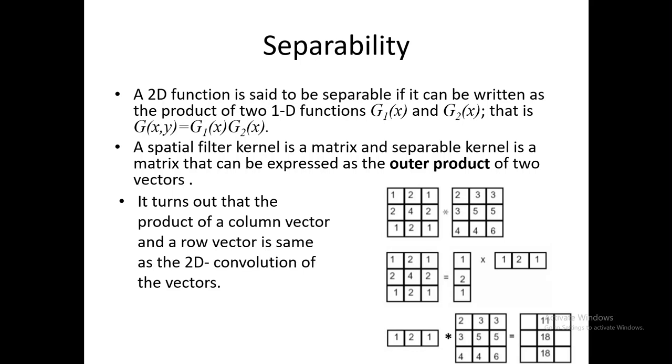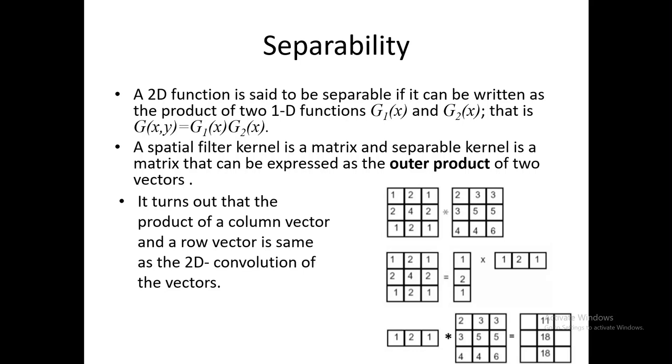A special filter kernel is a matrix. We can see here the example of a first matrix with 1 2 1, 2 4 2, and 1 2 1. This is a filter kernel.